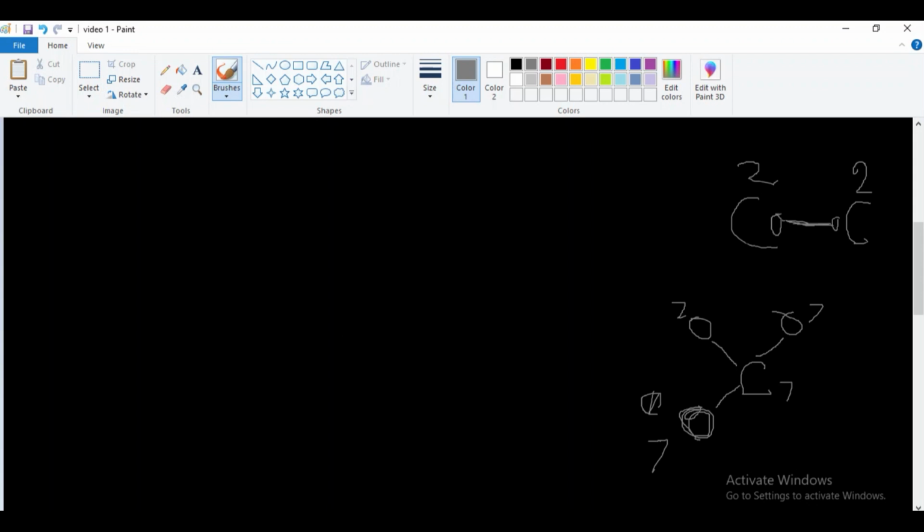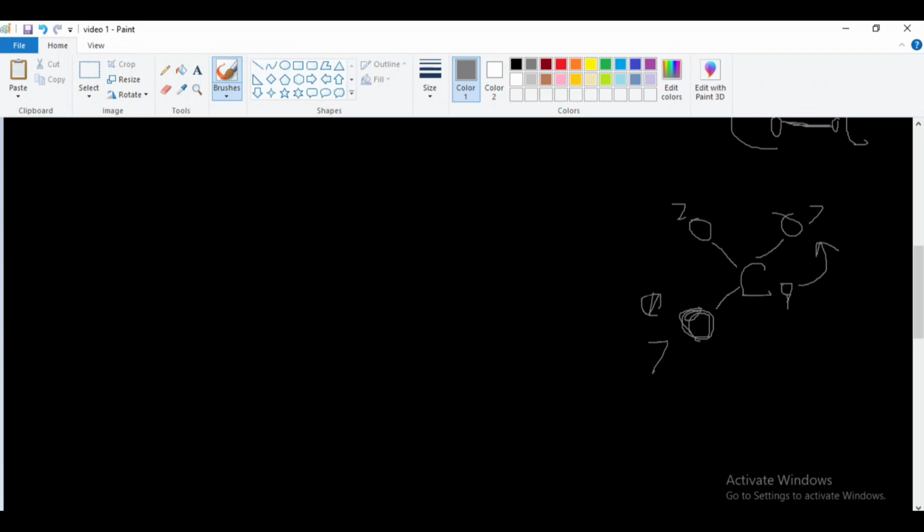After this, if any atom has more than eight electrons in its outer shell, then it will donate this electron to any atom that needs it. This is the important thing about donating electrons. It can be done more than one time.